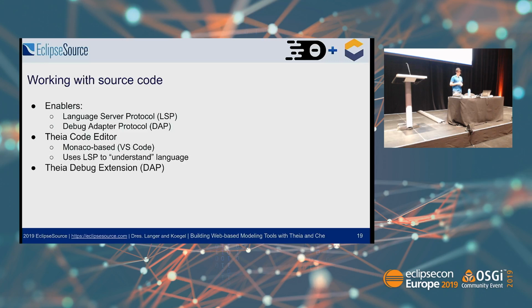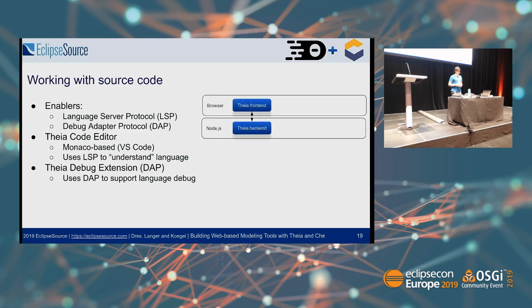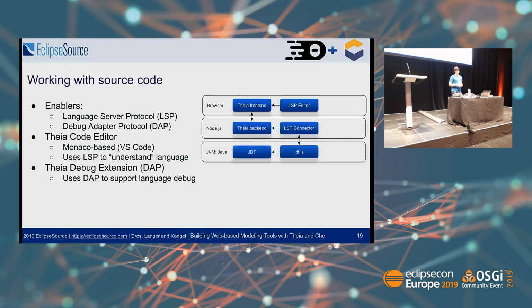And the same or quite similar goes for debugging. There's a Theia debug extension which provides the UI for the debugging, and it uses the debug adapter protocol to support the language-specific debugging steps. If we look at that from a component view, we have the front end and back end. And now we can just use existing components. So we plug in this LSP editor, which ships with Theia anyway, a connector, and this connector then connects to an existing LSP server implementation for Java.